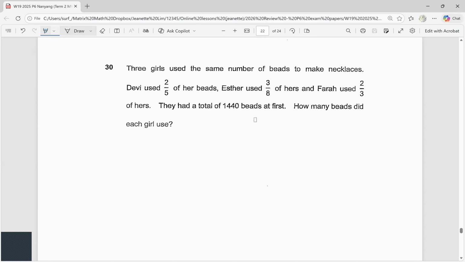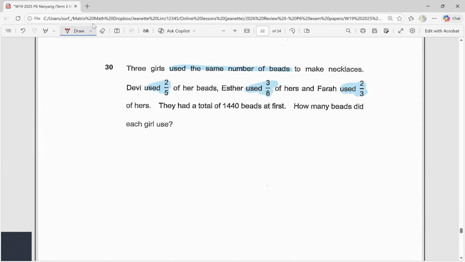Firstly, they said they used the same number of beads. So what did they use? Debbie used 2/5, Esther used 3/8, and Farah used 2/3. So those amounts should be the same value.